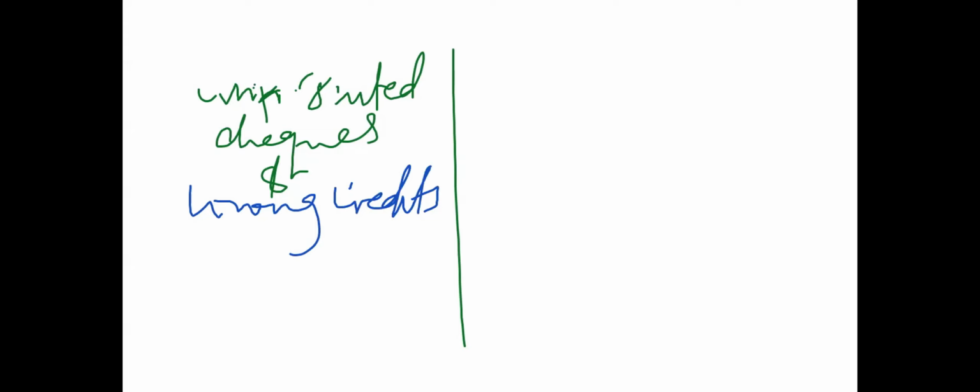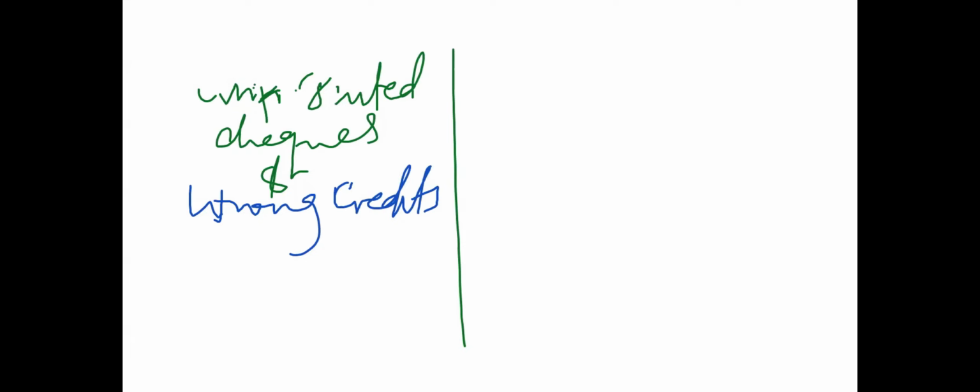So once you see an error impacting the statement in the same way as these two, then it's supposed to be added. So if it has the same effect as that of the unpresented checks and the wrong credits, then you should treat that error in the same section as those two items. So that error that is going to be on this side will come this side.